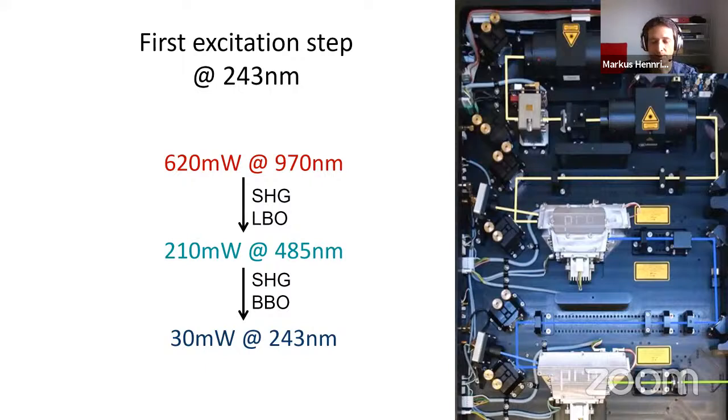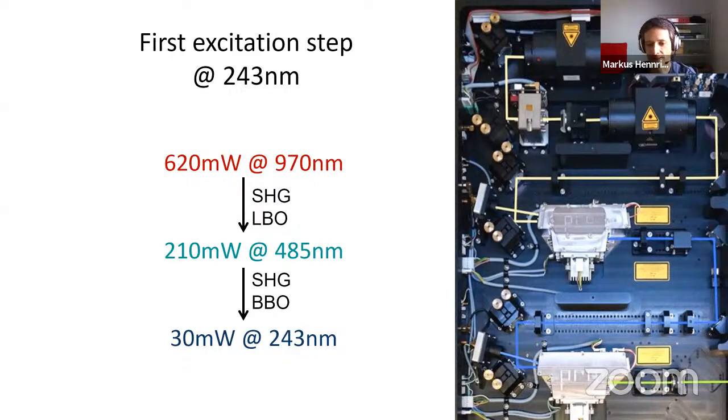The problem we have to some extent is due to the walk-off: the beam is not perfectly single mode, so the M² parameter is not perfect. It's a little bit more difficult to couple that into a fiber. We have special UV fibers that we manufactured ourselves, and the coupling efficiency is not super good. That's the main problem that we see there.